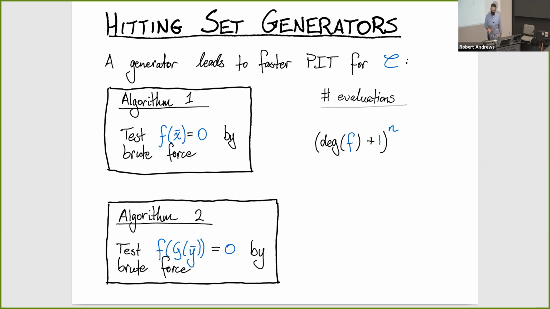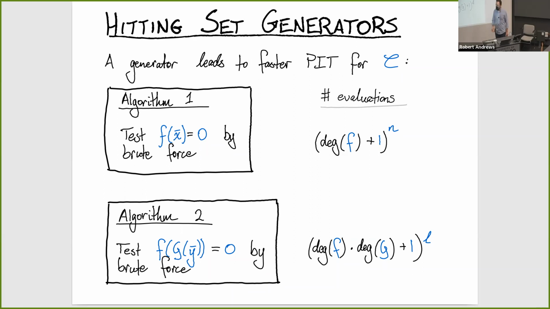Well, I could test the composition of f with g instead. And if I do that, the number of evaluations that I need drops to something like the product of the (degrees+1) to the seed length of the generator. What you should see is the dependence here on the number of variables is really, really bad, right? We get this exponential dependence on the number of variables, but only some polynomial dependence on the degrees.